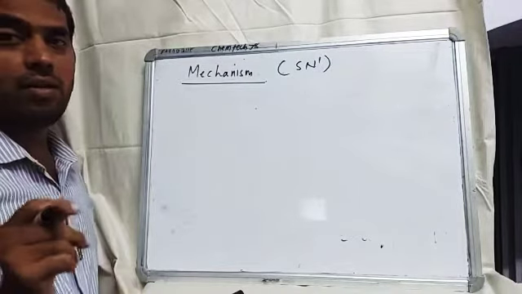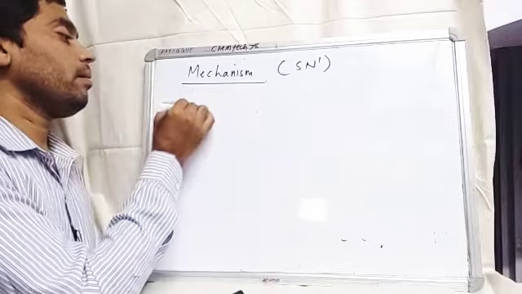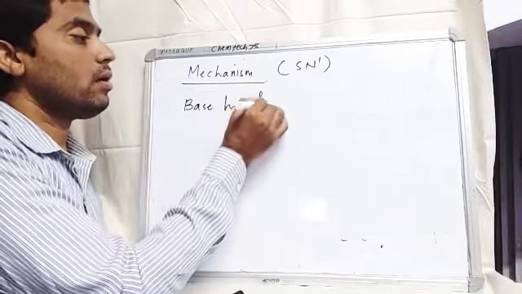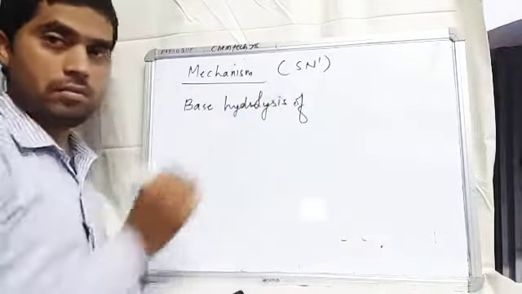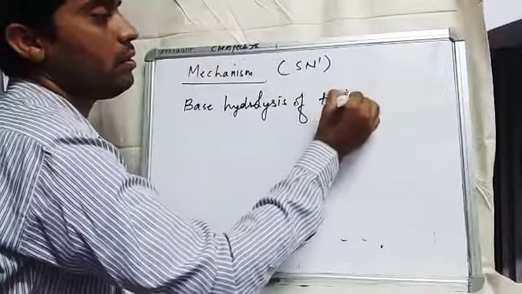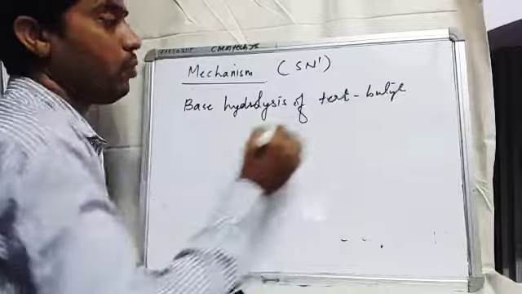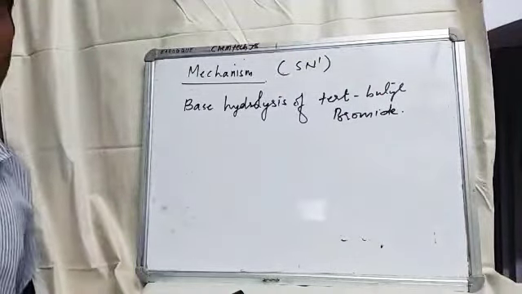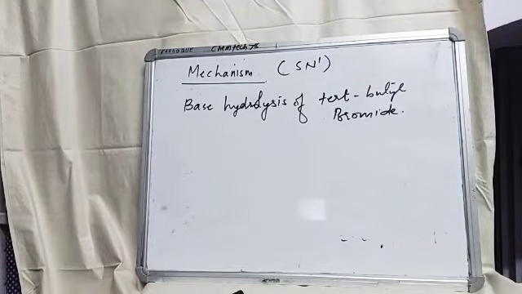Now, this reaction is also called base hydrolysis of tertiary butyl bromide, or we can also say alkaline hydrolysis of tertiary butyl bromide.